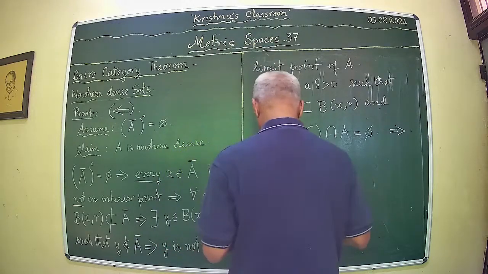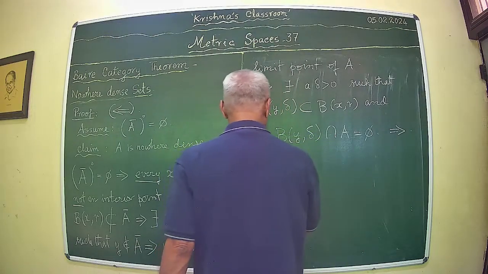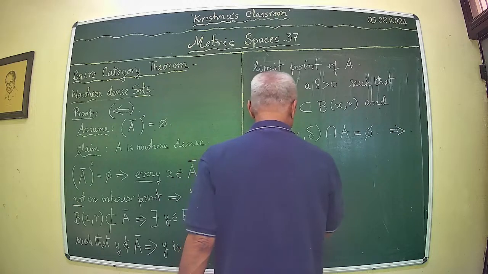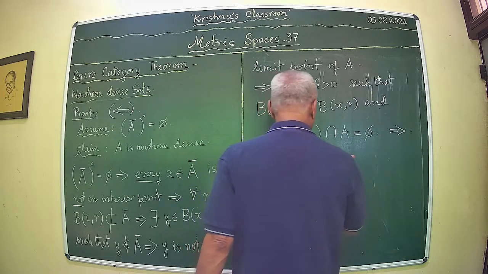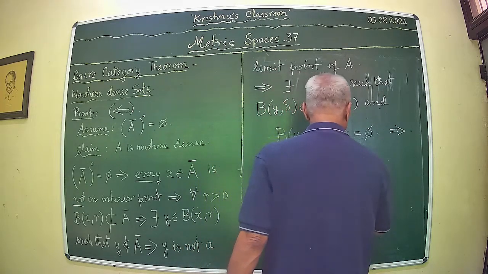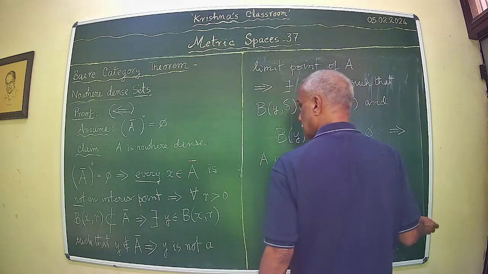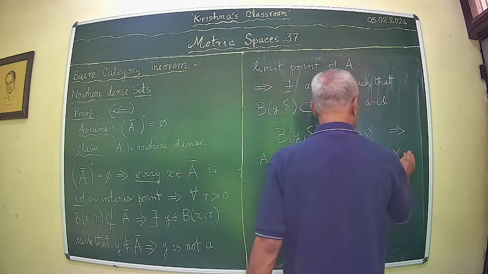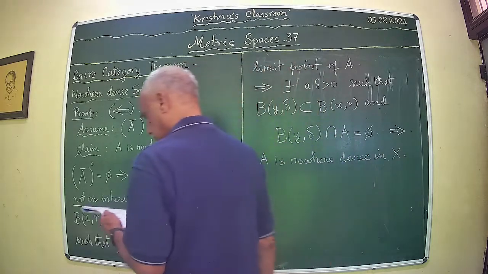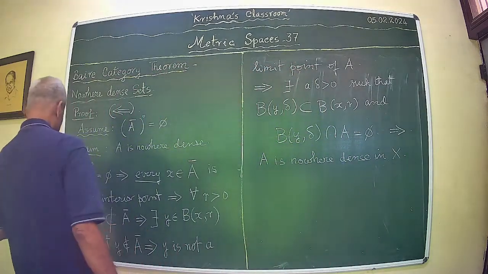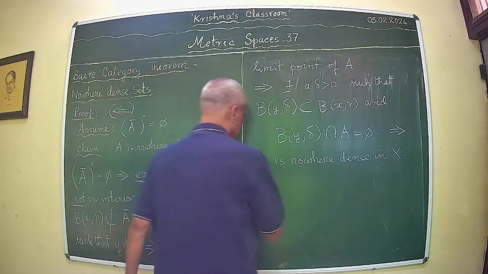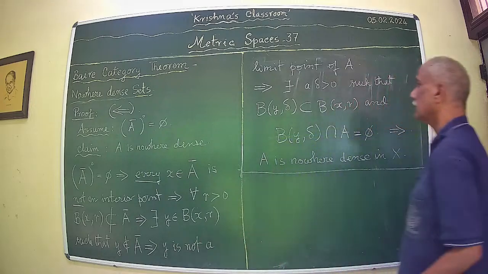Then this implies A is nowhere dense. So that proves one part of it.